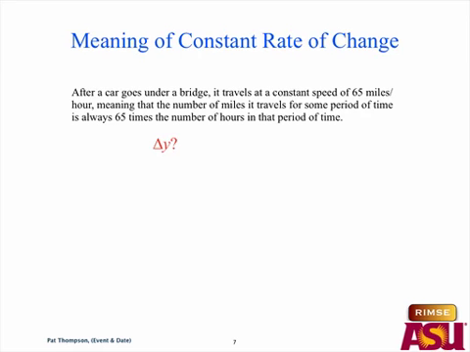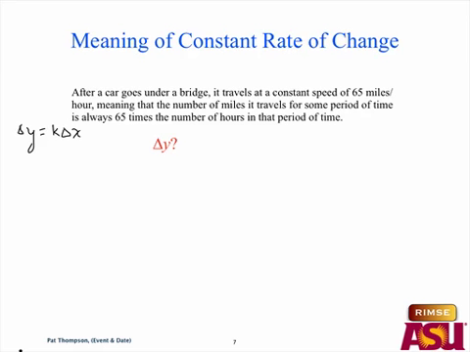So what I want you to do is, with your partner, in this situation, so what did we say? We said that delta y, in the last slide, equals k delta x, right? So in this situation, what is delta y? Everyone think about it.